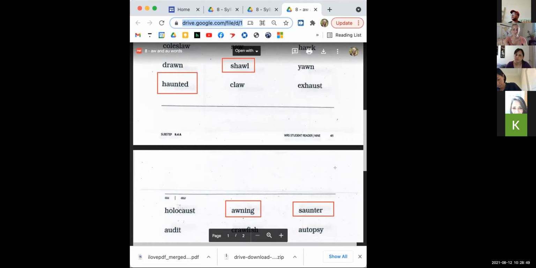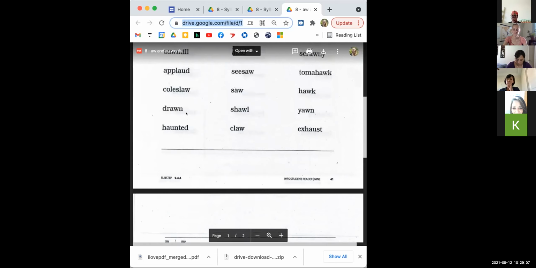Any questions about this screen here? The word I want to ask about again, coleslaw. Why are we not saying coleslaw? Because we want to practice our rules of syllable division. So we know that that E, we have to be really careful with that.